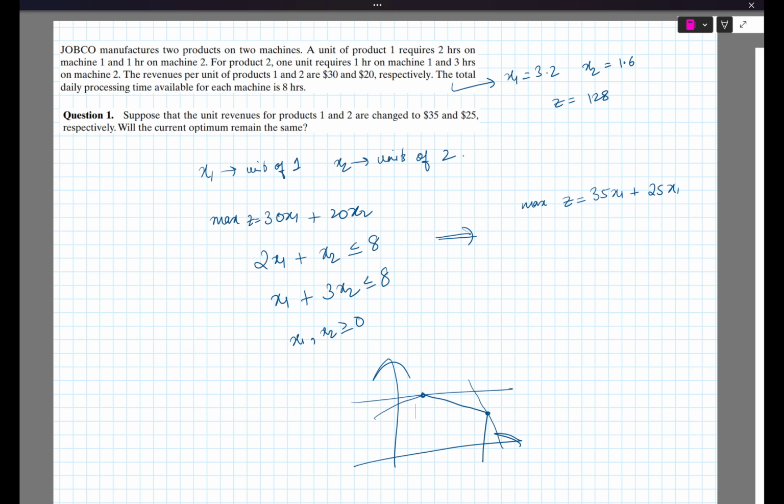Okay. So in this one, if you see, x1 and x2 will be there in your BFS, I guess, right? These two will be in the BFS, and the other variables will be non-basic, because you can only have two variables in the basic solution.